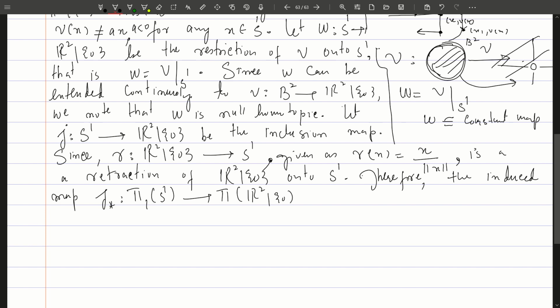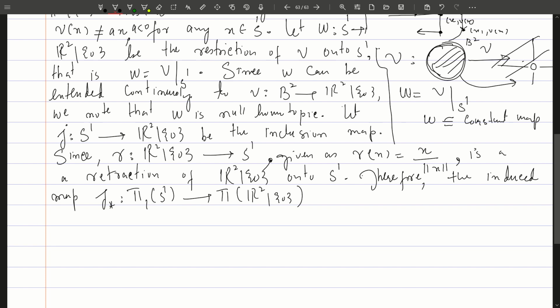One can note here S1 is a retract of R2 minus 0, so this J star is injective, and hence non-trivial.